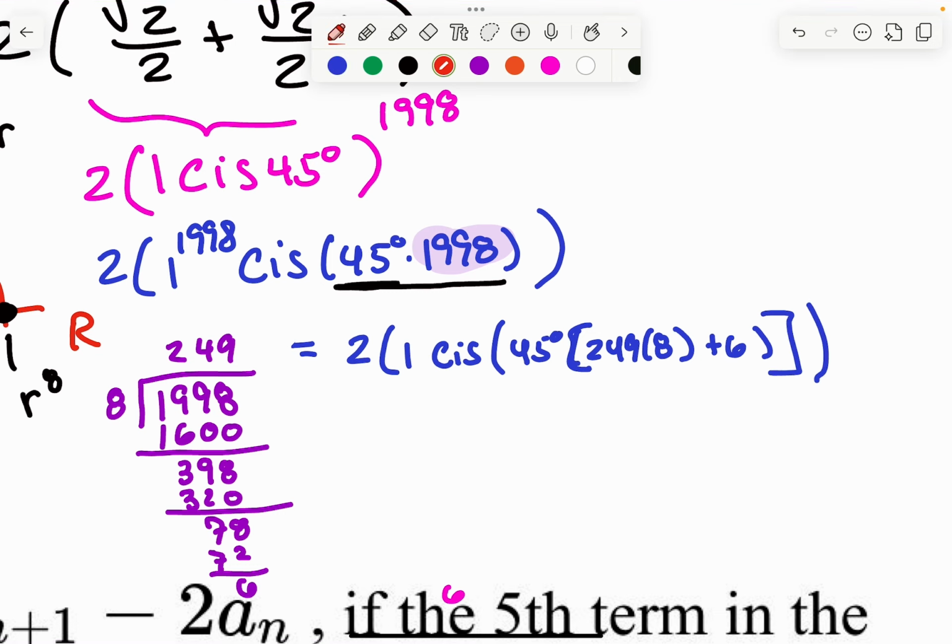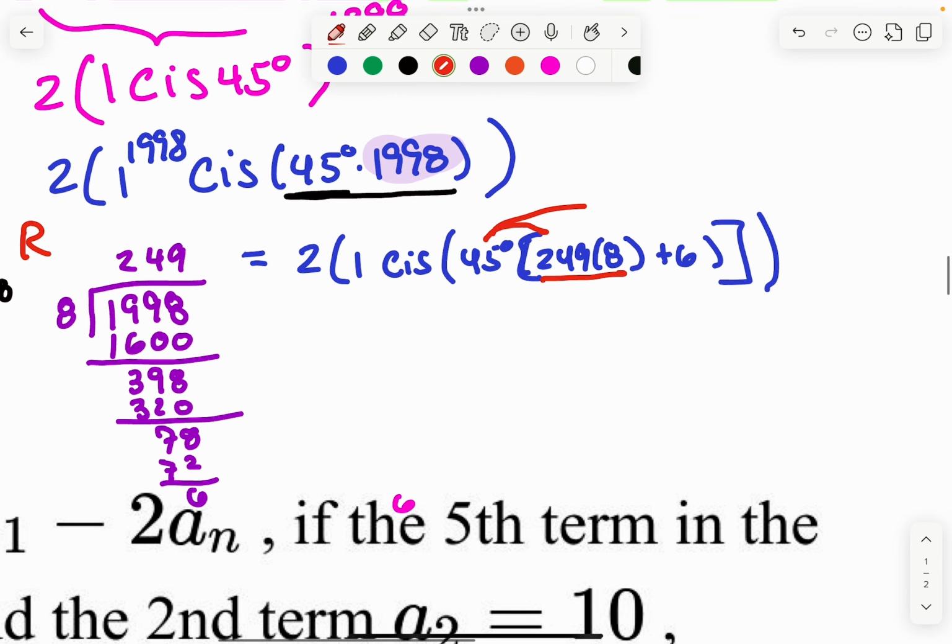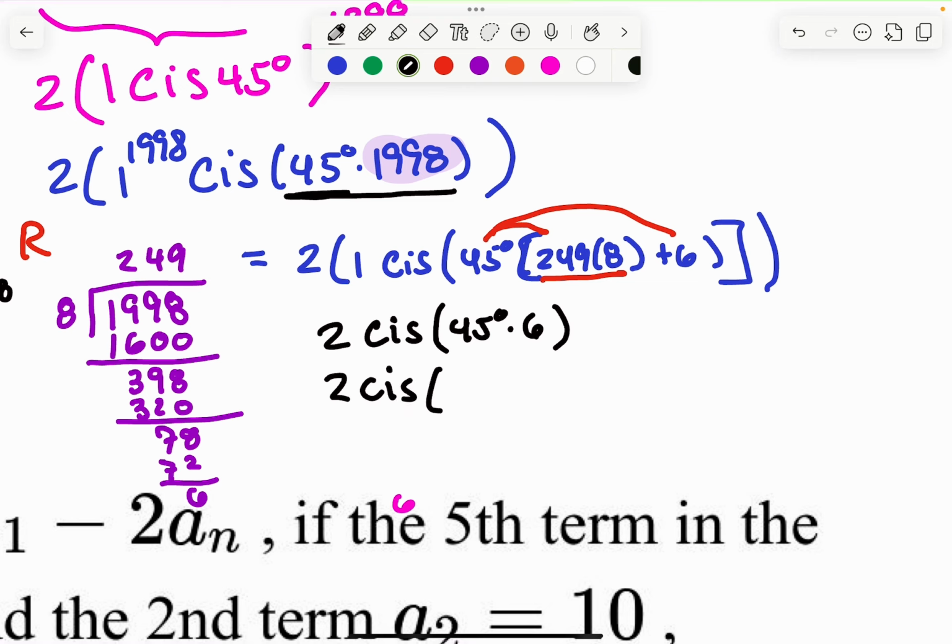Okay, and this is the key idea: if I distribute this and multiply, I'm basically just rotating around the circle 249 times, which brings me right back to 1. Then I'm going to go an extra 6 times 45 degrees. So this is 2 CIS 45 degrees times 6, which is 2 CIS 270 degrees, since 45 times 6 gives you 270.